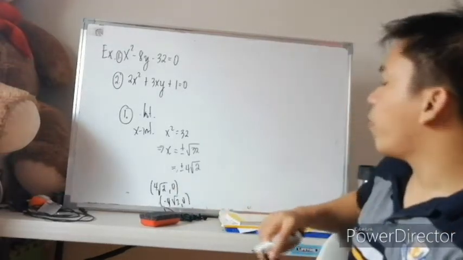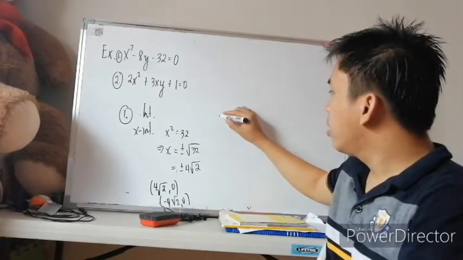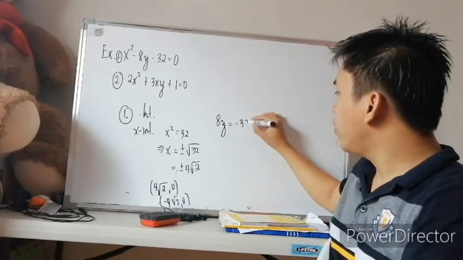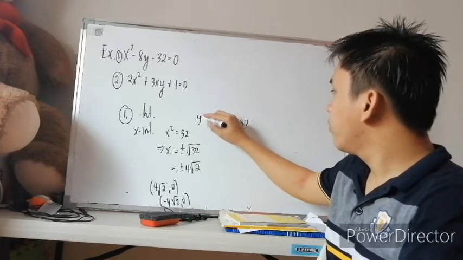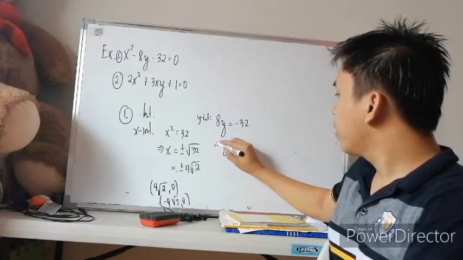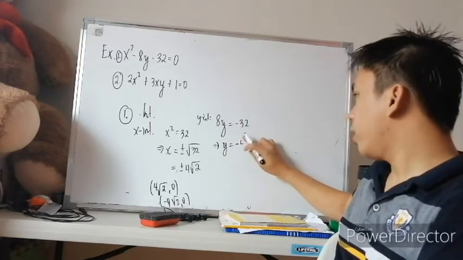So let's check for the y-intercept. Let's assume x equals 0, so you'll get negative 8y equals 32, so y equals negative 4.